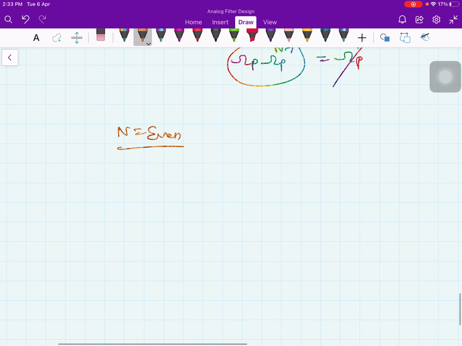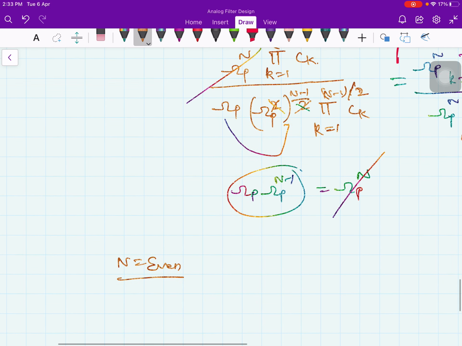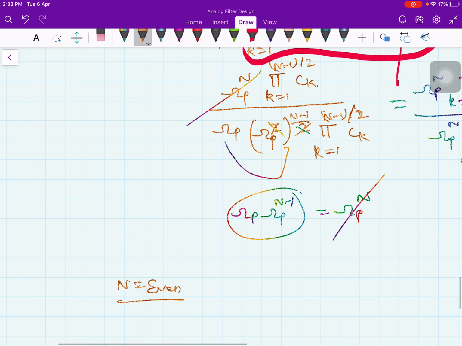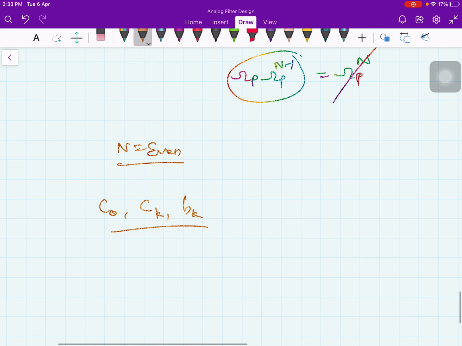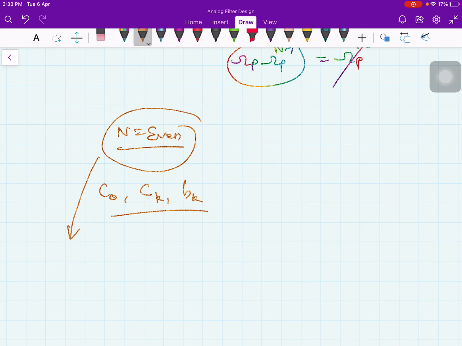Okay, so we have constructed the transfer function for the odd ordered filter. Now the constants C0, Ck and Bk's I am going to give you in a minute. There are formulas that I will give you, but before that let us finish this, when n is even. Okay, if the order is even, now this is a difference.